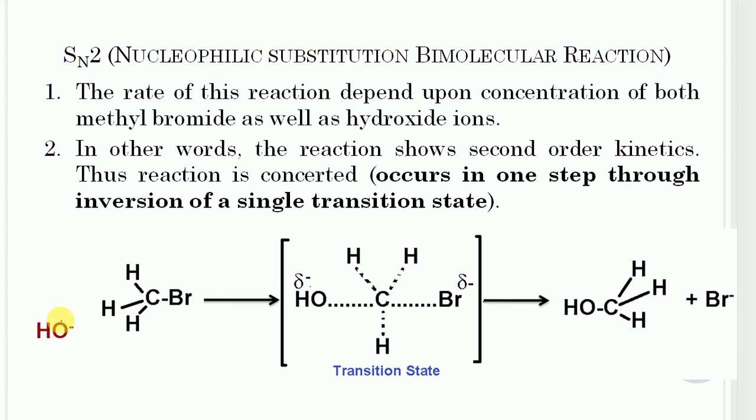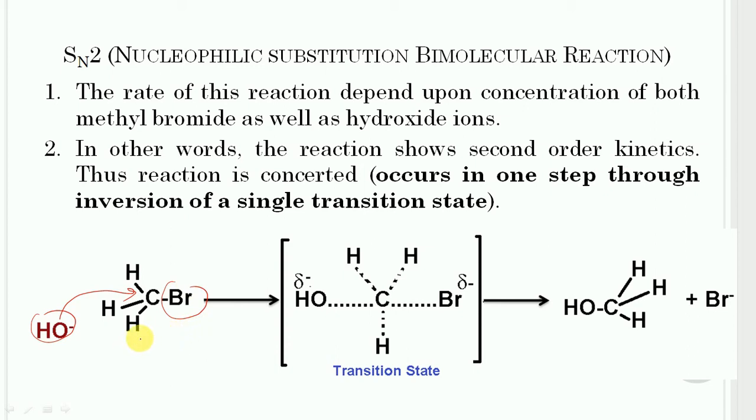Theoretically, the attack of hydroxide ion can occur from any direction, but experimentally it has been demonstrated that the attack of the hydroxide ion actually occurs through the backside, from the side opposite to the bromide atom.